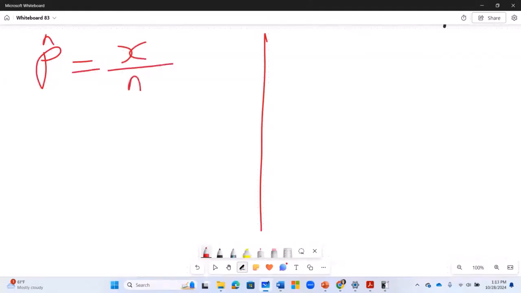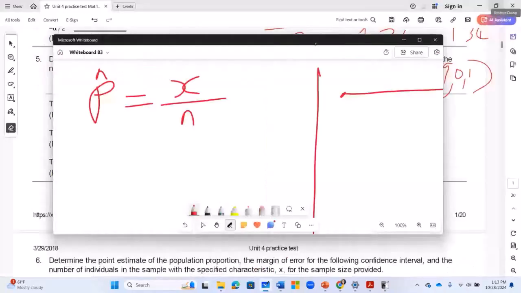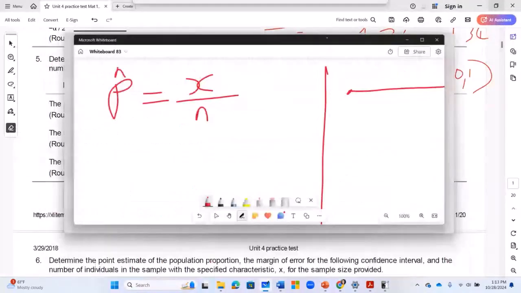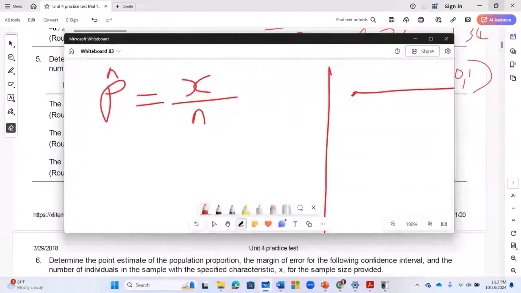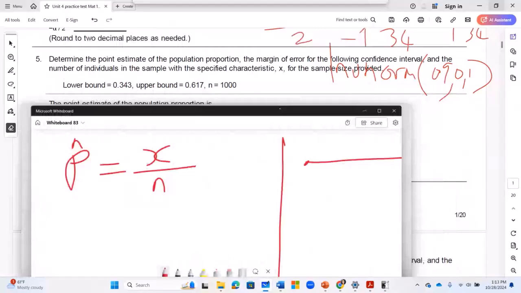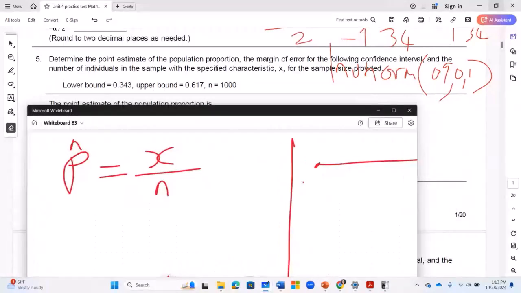Then we are given the lower bound and upper bound of that question. The lower bound they gave us is 0.343. The upper bound of the question is 0.617.